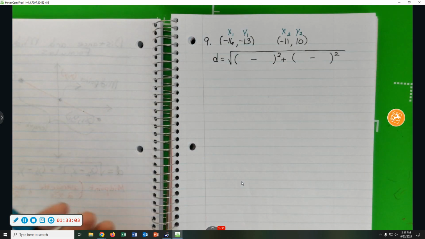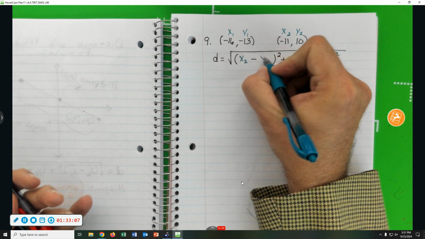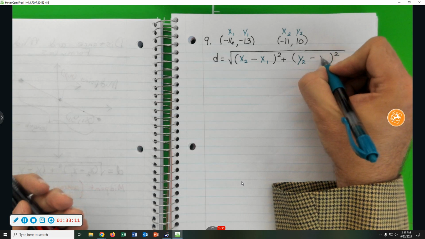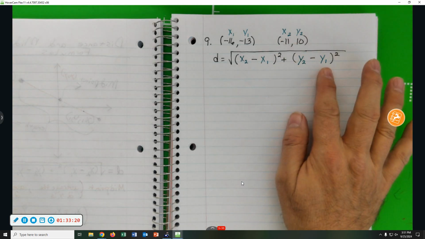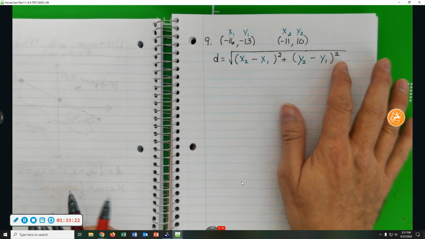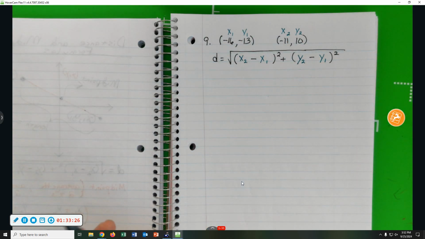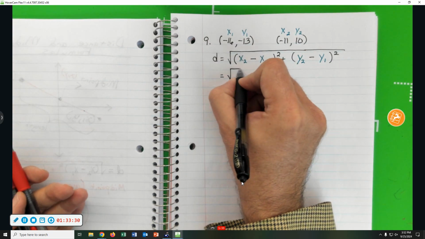So it's x2 minus x1, squared, plus y2 minus y1, squared. So you're subtracting the two x's and then squaring them. Subtract the two y's and square them. Add them together and take the square root. Okay. You plug in the numbers.